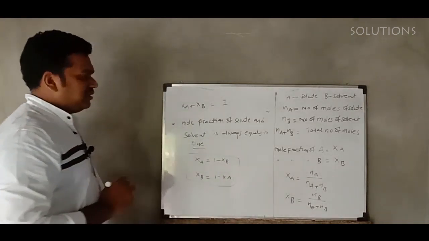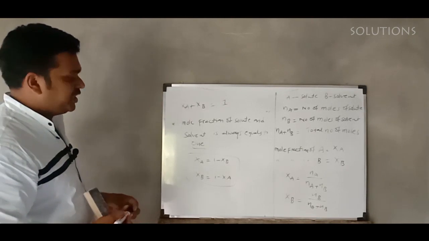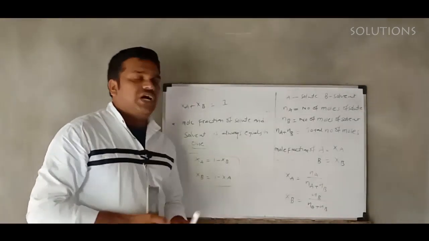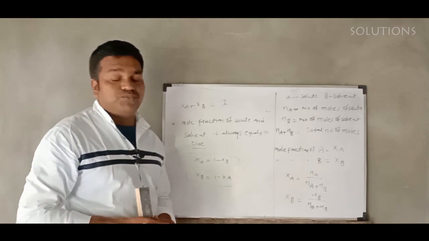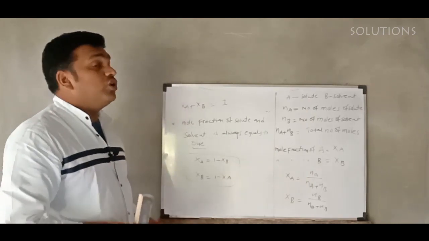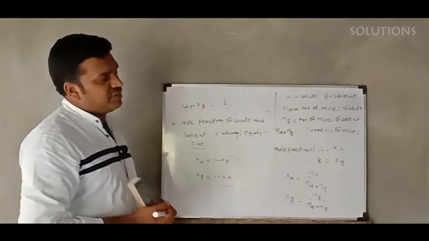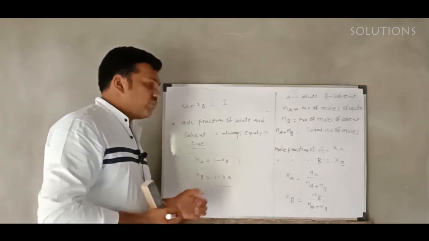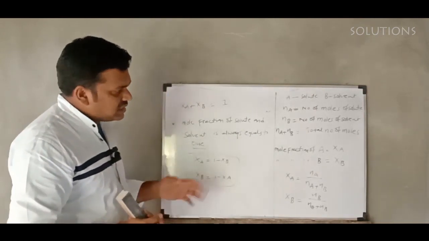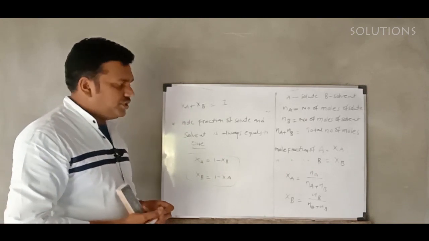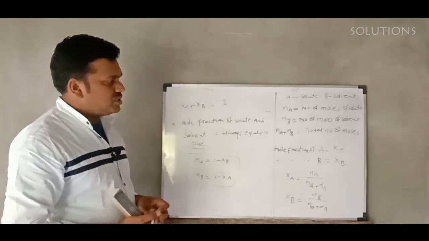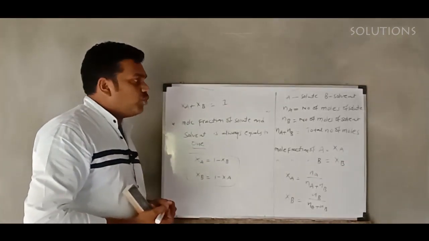In solution-related problems, sometimes we get formula problems related to mole fraction. Based on the given information, whether they are asking for the mole fraction of the solute or of the solvent, we can use this formula. So this is regarding mole fraction.